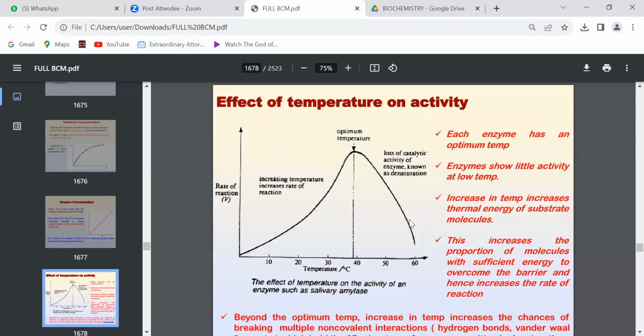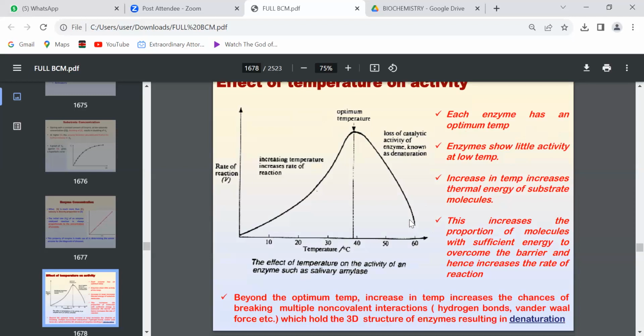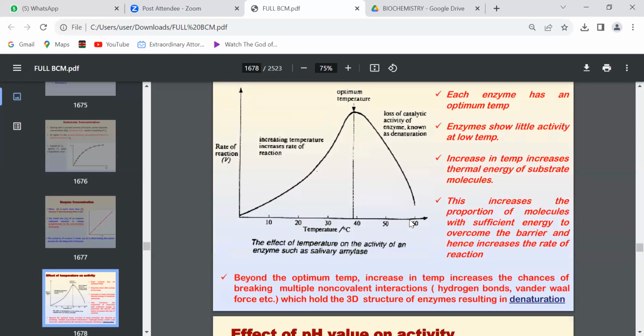But when the temperature increases beyond the optimum temperature, the enzyme is denatured and the reaction rate drops, which can even stop the whole reaction.